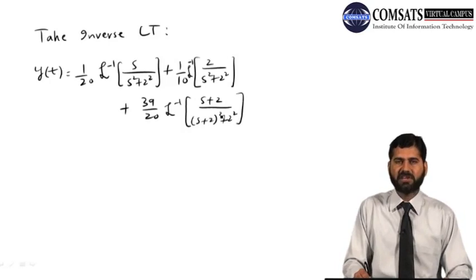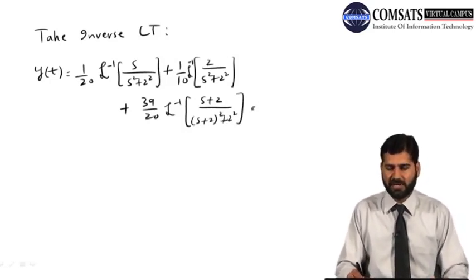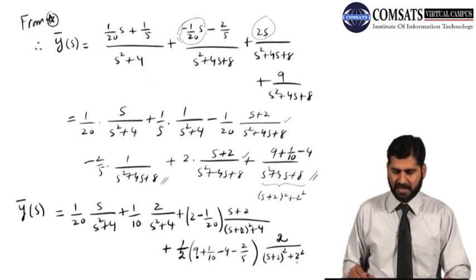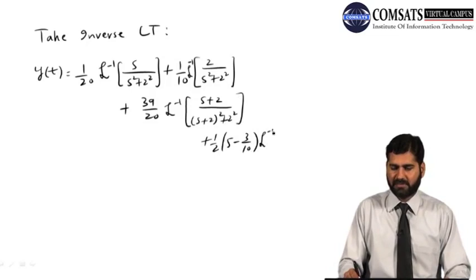So that is with the shifting property. It's again the transform of cosine 2t but with the shifting property. And then this is 9 minus 4 is 5. So 5, and this is 4 by 10. 5 minus 3 by 10. And Laplace inverse of 2 over S plus 2 square plus 2 square.